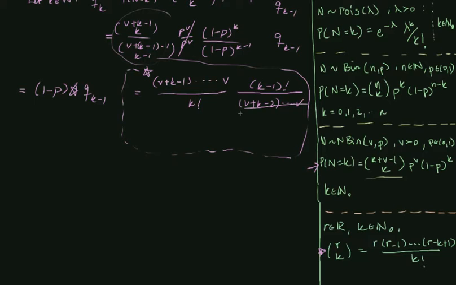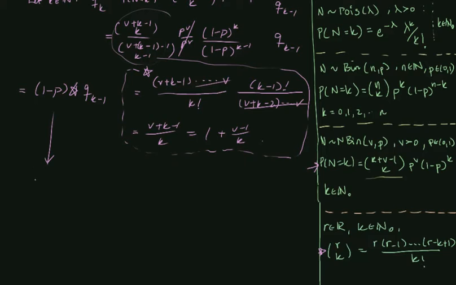Now all of these terms cancel with all of these terms here, and most of the terms in this factorial cancel with most of the terms in k factorial, and what we end up with is v plus k minus 1 divided by k, which in turn is 1 plus v minus 1 divided by k.